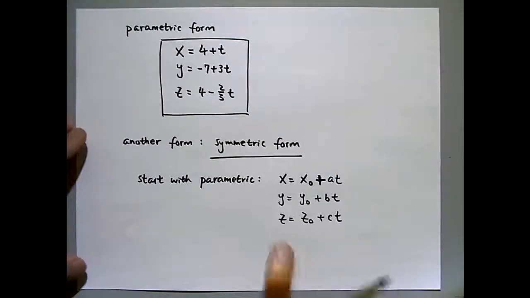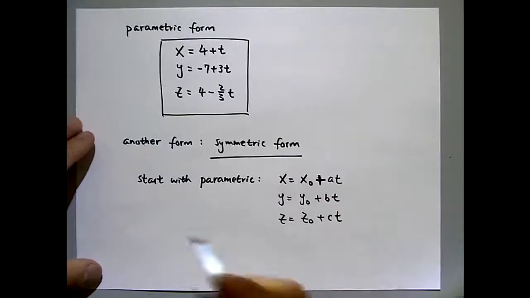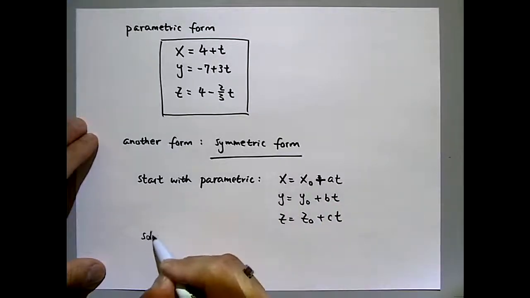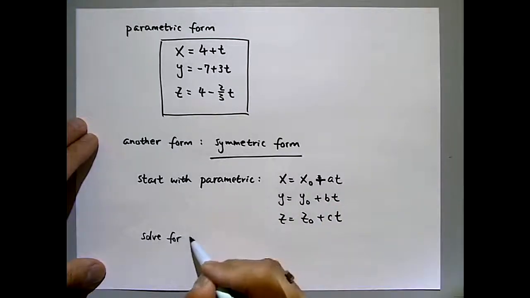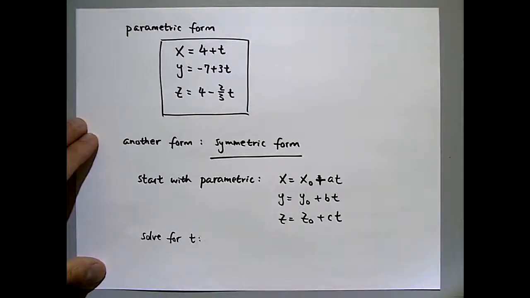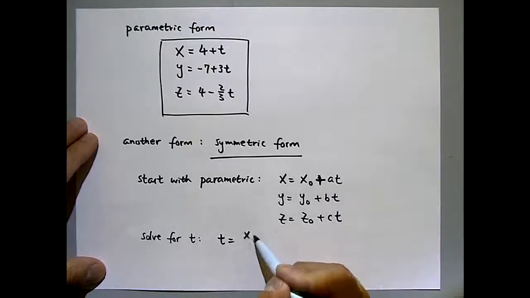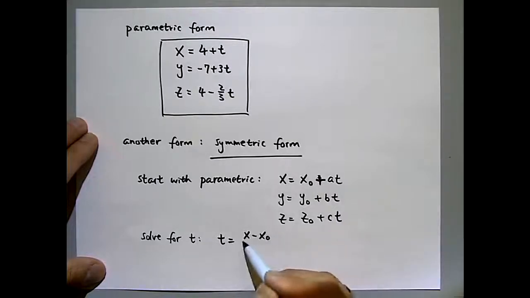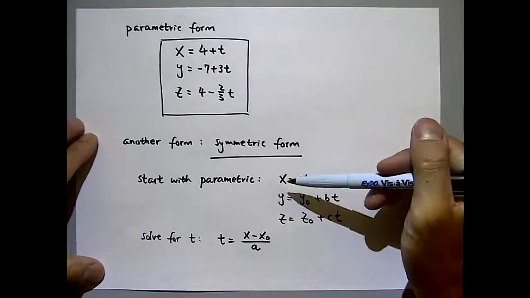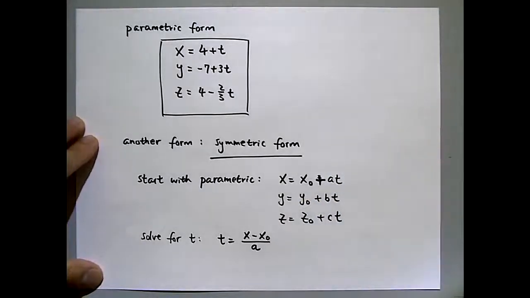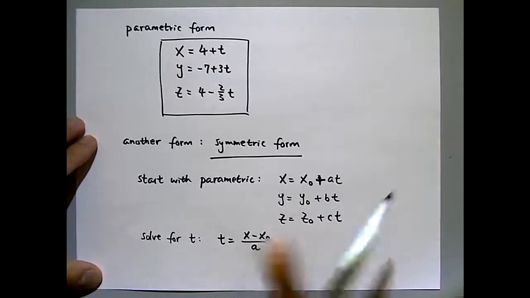So for example, notice from the first equation, the first equation tells me that t is equal to x minus x sub 0 over a. Right? Subtract this over, divided by a, then it gives me that as a t.